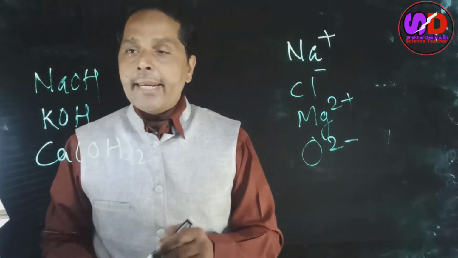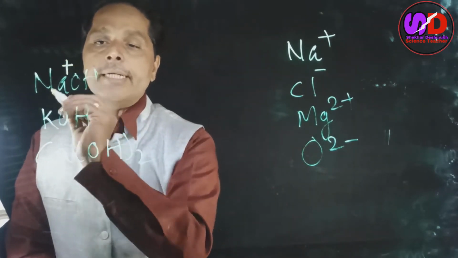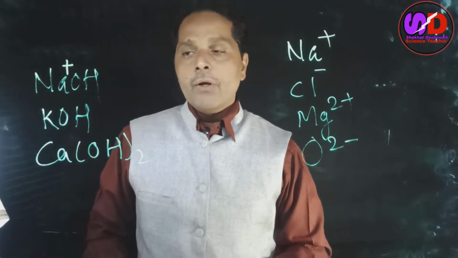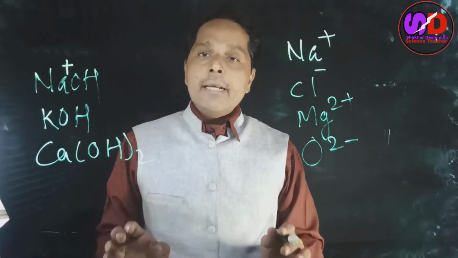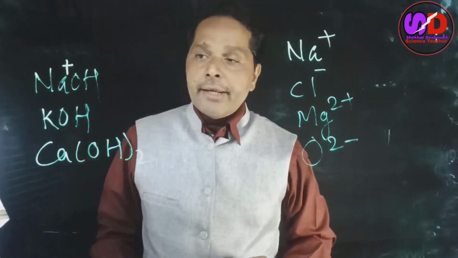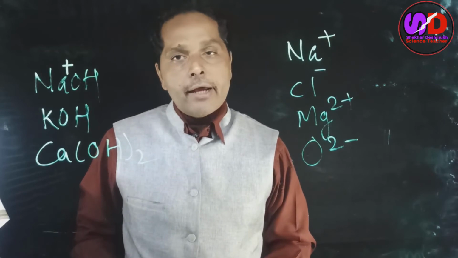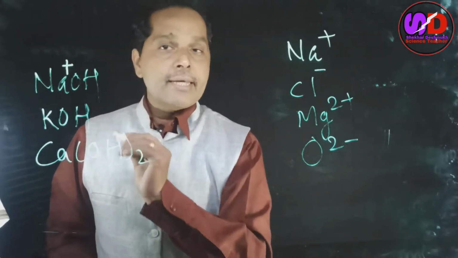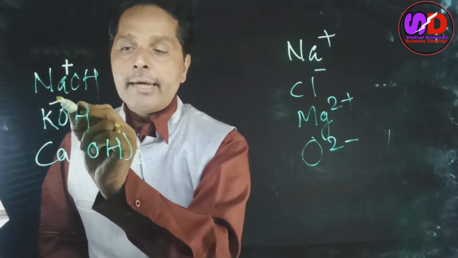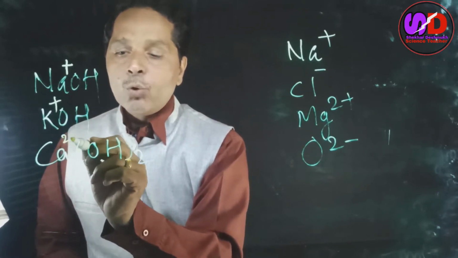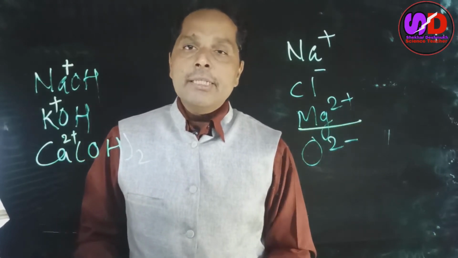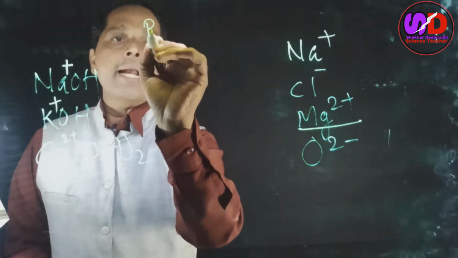So this Na positive is a basic radical. All metal radicals are basic radicals. They react with hydroxide anion to form a base, and therefore they are called basic radicals. Na positive, K positive, Ca2 positive, magnesium 2 positive are basic radicals.